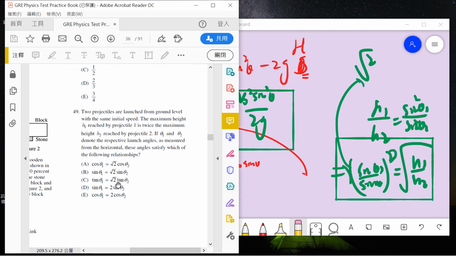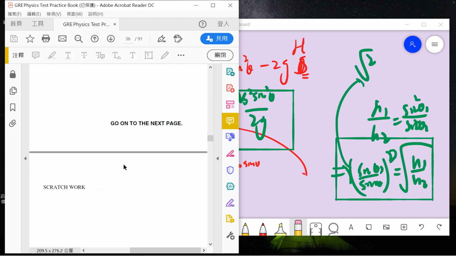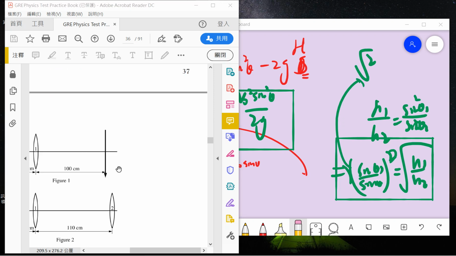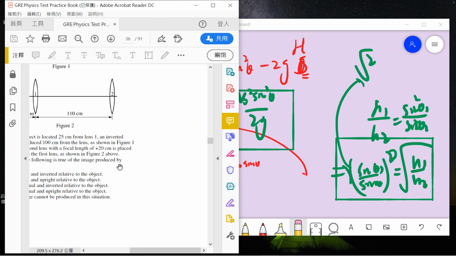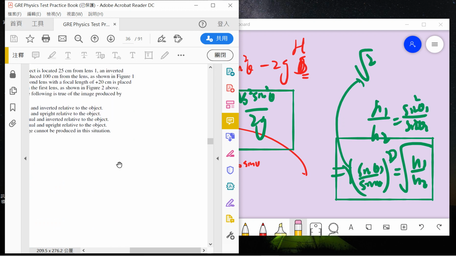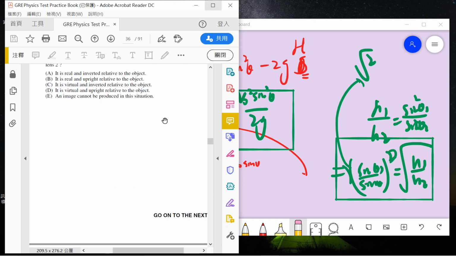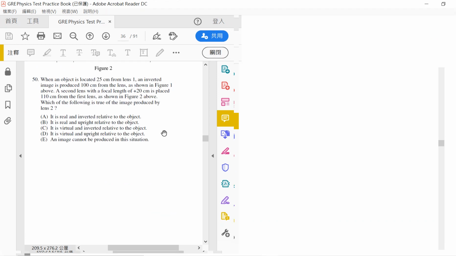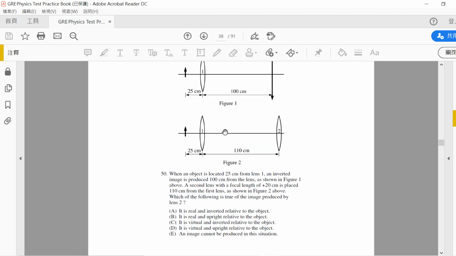Okay, so 50. We first read 50's problem.